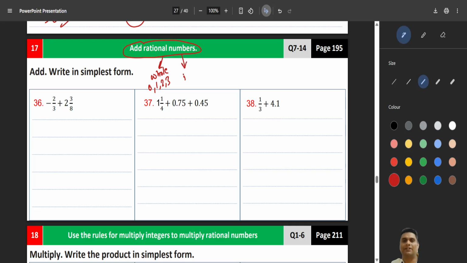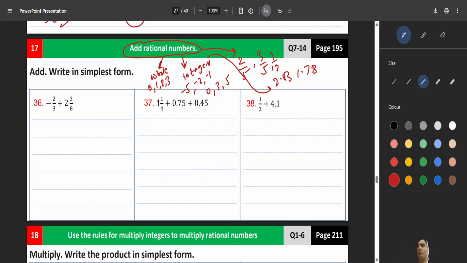Okay, integers yani like all the negative and positive numbers, -5, -2, -1, 0, 3, 5, all are rational numbers. All the fractions that you have studied, 2 over 5, 3 over 5, 1 over 2, or all the decimal numbers also, 2.3, 1.78, all these numbers come under rational numbers only.